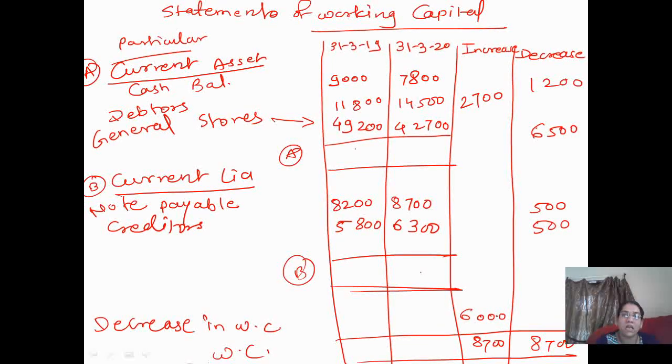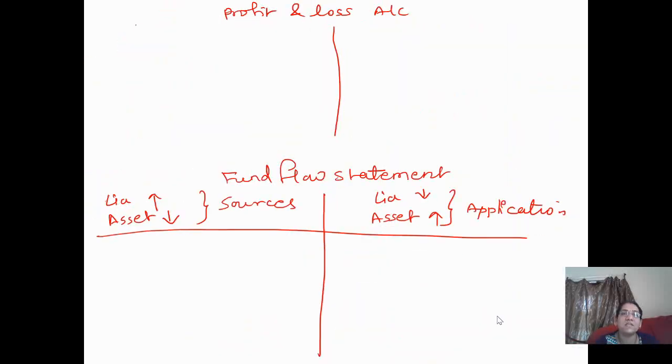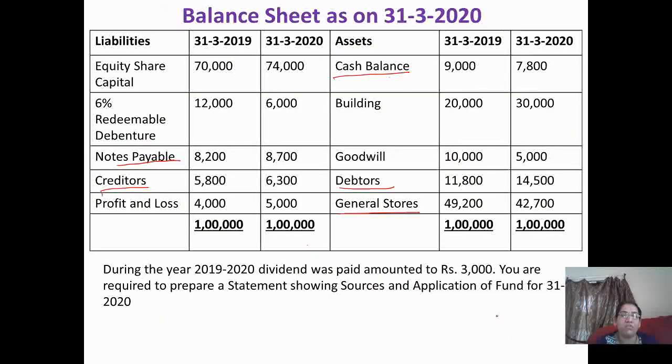Okay. Next we will see one by one. All the current asset and all the current liability we have shifted to the working capital statement. Here we will see item by item. First is equity share capital. Amount is 70,000 and here amount is 74,000. So compare these two amounts.